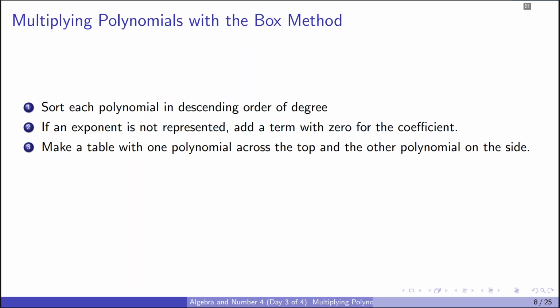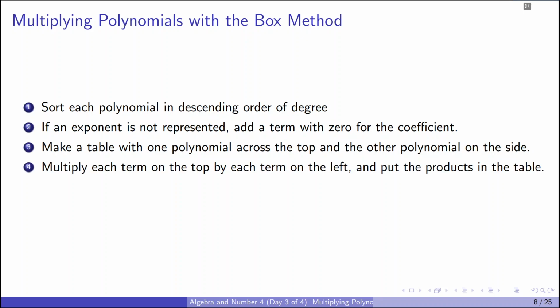And then you make a table, one polynomial across the top and the other on the side. Multiply each term on the top by each term on the left, put the products in the table. Collect like terms along the diagonals. This putting them on the diagonals is why we use the 0 as the coefficient.